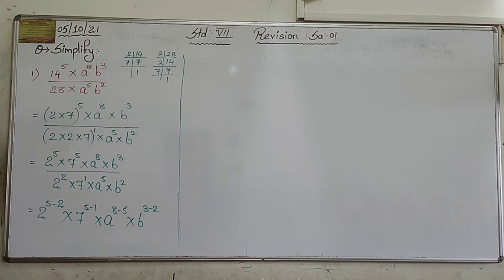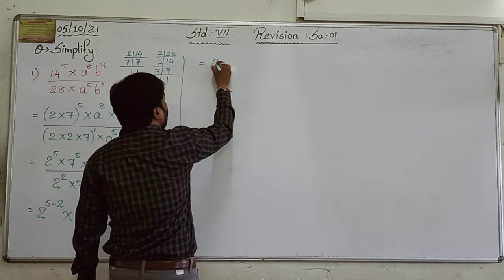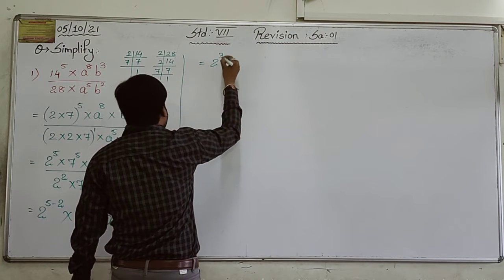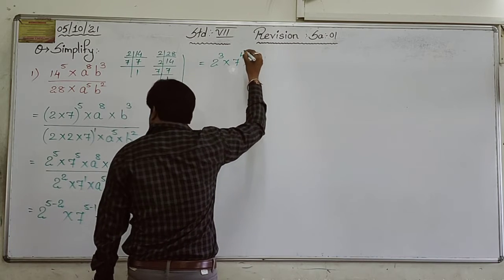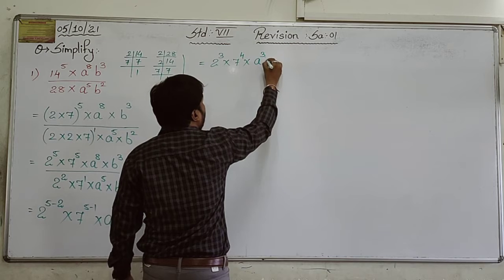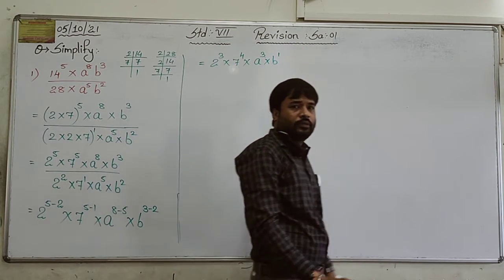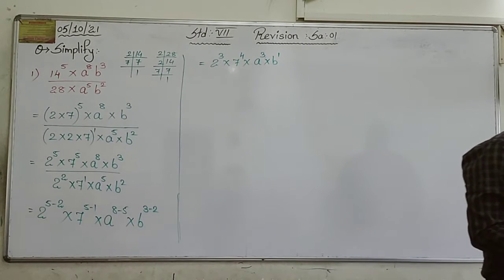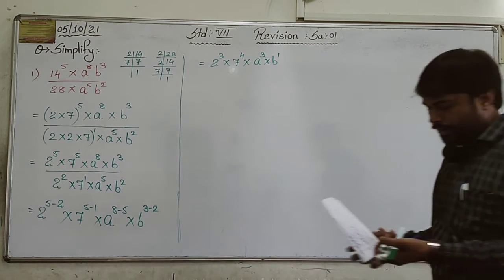Understood? Yes. So that is equal to 2 raised to 3 multiplied by 7 raised to 4 multiplied by a raised to 3 multiplied by b raised to 1. That's it. Is it clear? Clear how to solve it? Go step by step. No mistake will happen.